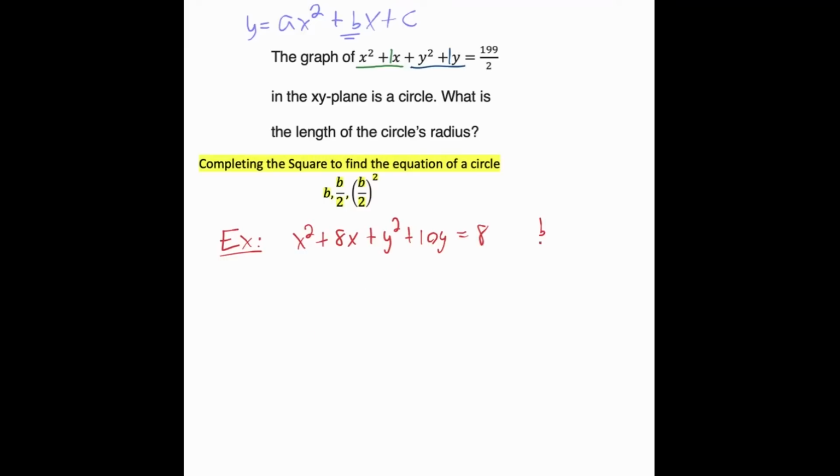If we use b over 2, b over 2 squared, and if we do that for x and for y, we can say that this is 8 and this is 10. Divide them both by 2 and square them both. And what you need to have memorized is that the b over 2 squared is what you add to both sides. And the b over 2 is how it factors.